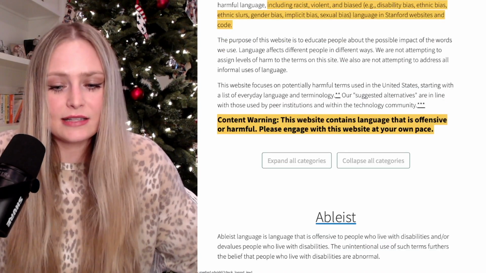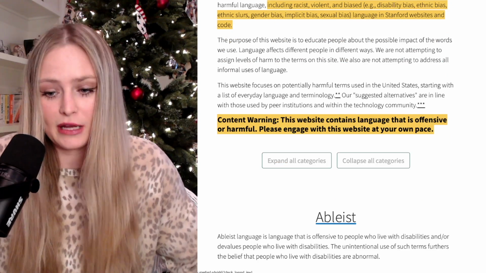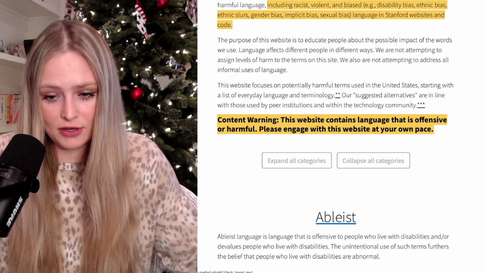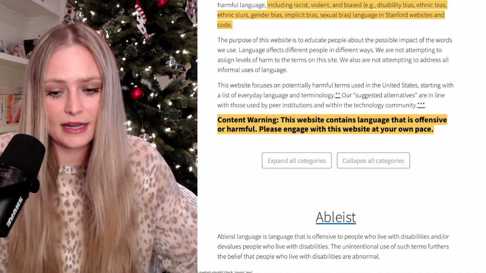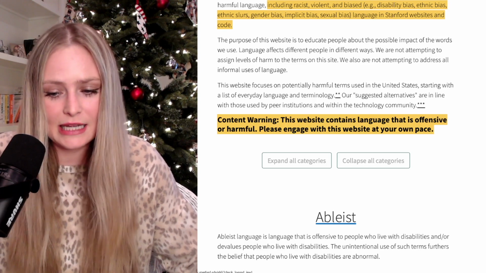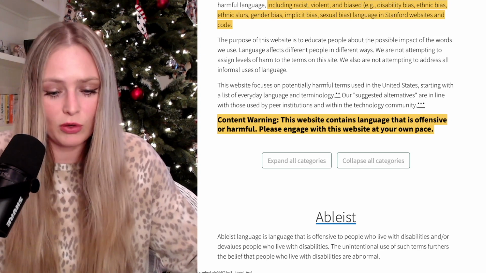It says the purpose of this website is to educate people about the possible impact of the words we use. Language affects different people in different ways. We are not attempting to assign levels of harm to the terms on this site. We also are not attempting to address all informal uses of language.